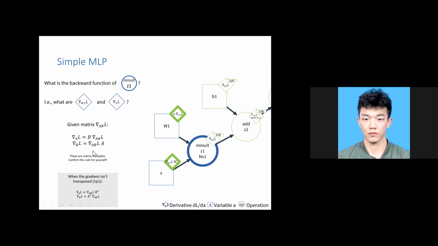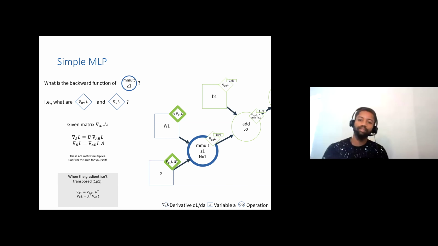Yeah, this slide. I'm confused why sometimes we use the element-wise multiplication and sometimes we use something like this, the matrix multiplication, to calculate the gradients. Could you explain a bit? Yeah. So addition or normal multiplication, those are element-wise operations, so the chain rule is going to be performed element-wise.